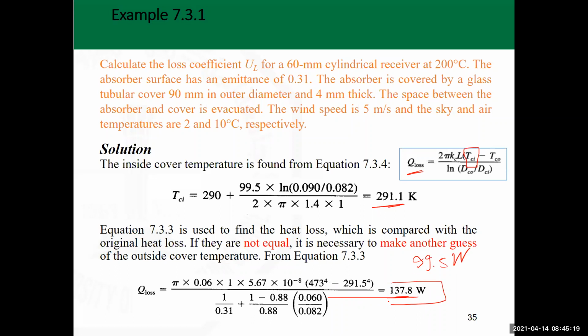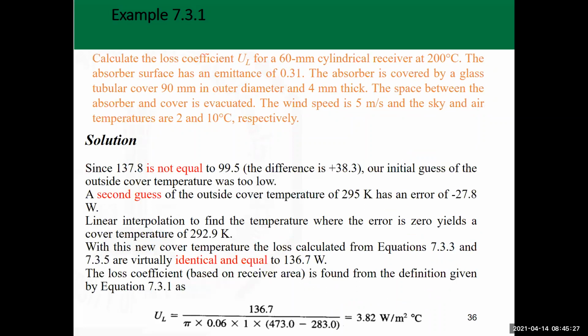They are not close, which means that we need to reiterate by changing our assumption from 290 to another value. What has been done here in the steps is the values have been calculated, assuming a value of 295 instead of 290, which resulted in a new value which is not close.